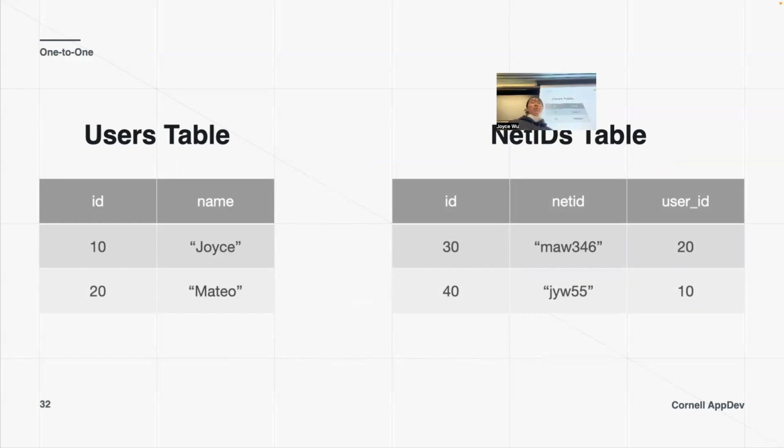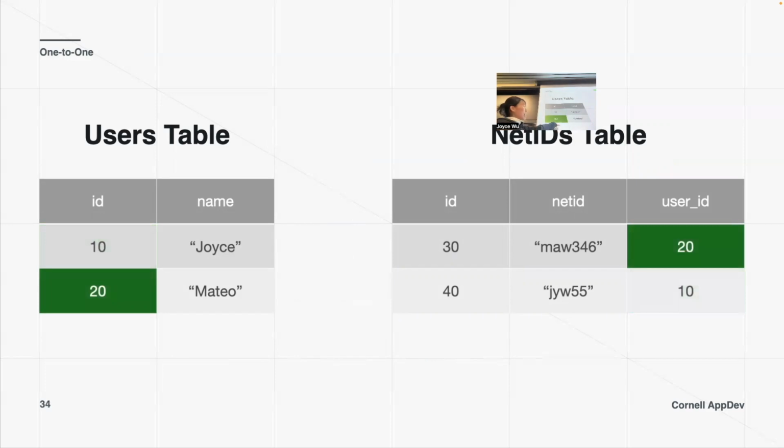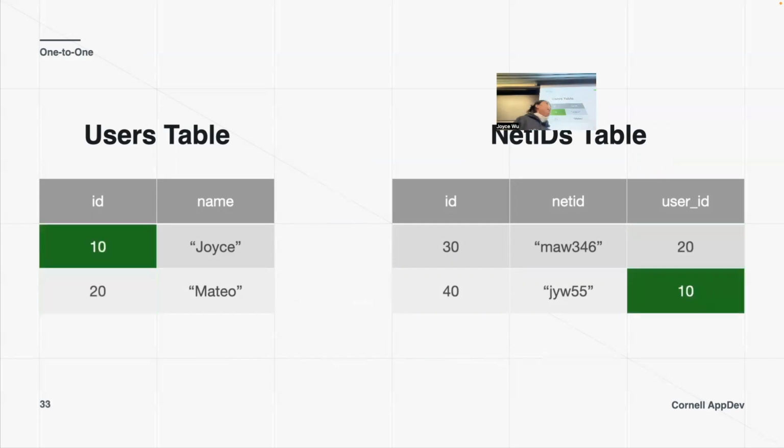In the net IDs table, we see that Mateo's net ID, MAW346, is linked with Mateo here because in that user ID column, it has a field of 20, which links with Mateo's ID of 20. And with my net ID, JYW55, the 10 in the user ID column links with the 10 that we have here in the user table.